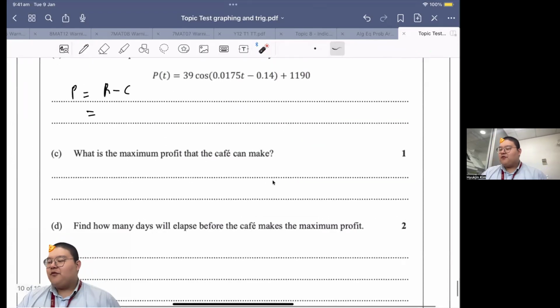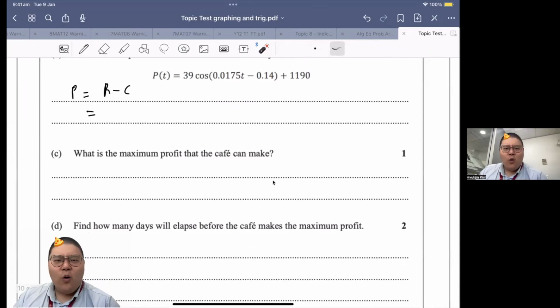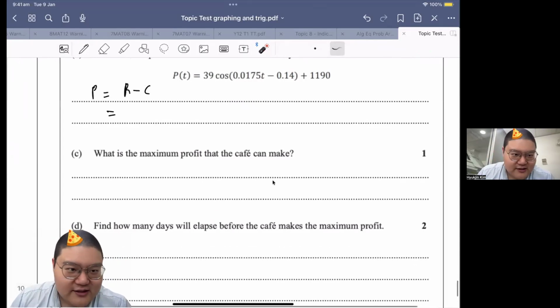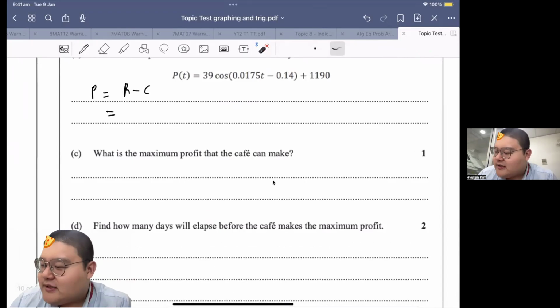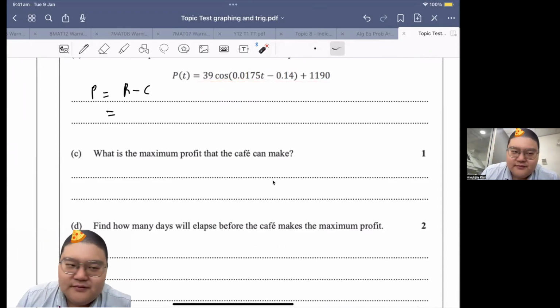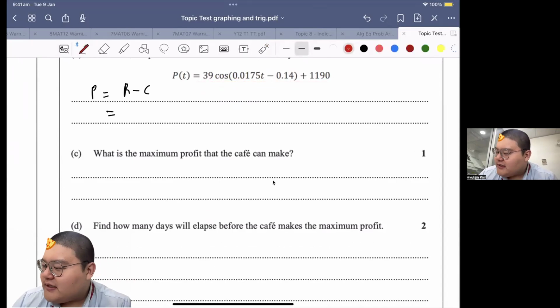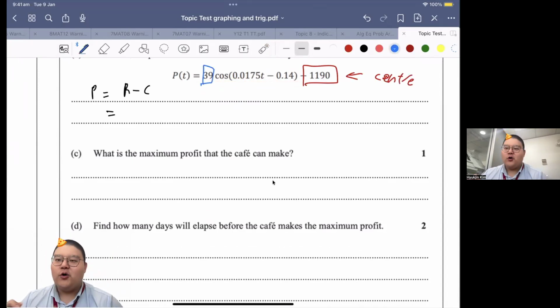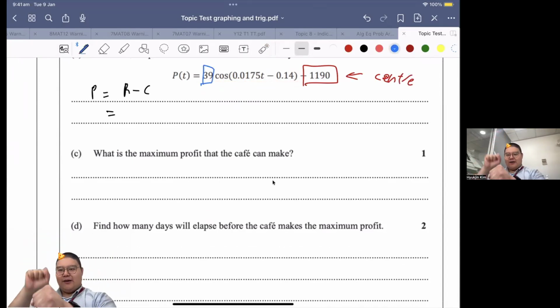What is the maximum profit the cafe can make? Oh my God, this looks so hard. This is so complicated. Wait a minute, this is a trig graph. What we do know is that this is the center of motion. And the amplitude will help us go that much higher or that much lower.